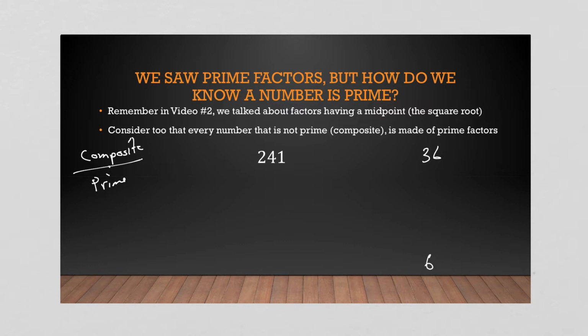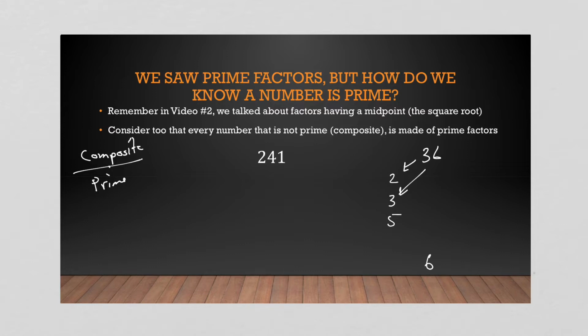So if I wanted to test it, rather than try and divide 36 by everything, I only need to divide 36 by the prime numbers less than 6. So 2, 3, and 5. Because if my number is not prime, it will divide by one of those primes. If my number is prime, it won't. And that is how you find out whether or not a number is prime. And you can see in the case of 36, it's going to divide by 2 and it's going to divide by 3. So it's definitely not a prime number.